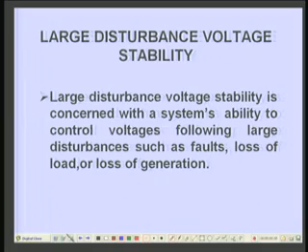It is concerned with a system's ability to control voltages following large disturbances such as faults, loss of load or loss of generation, or a loss of heavily loaded transmission lines. They are called large disturbances, similar to our angle stability problem. We will discuss the large disturbance voltage stability analysis in the next lecture. I will talk about the modeling requirements and other requirements when we study the large disturbance stability problem.